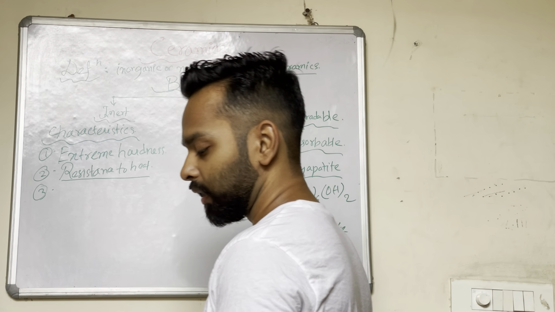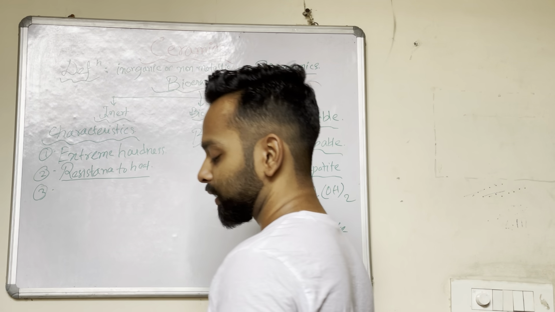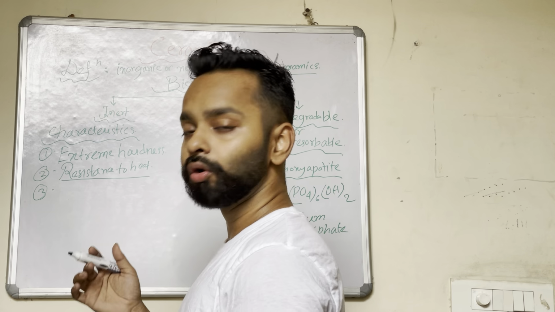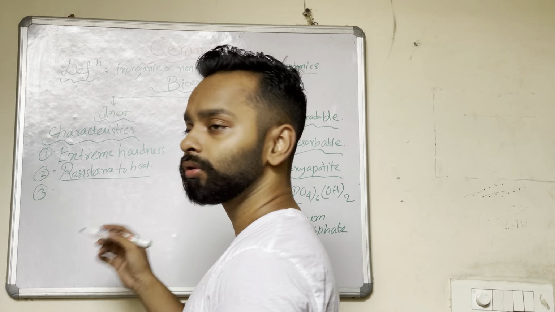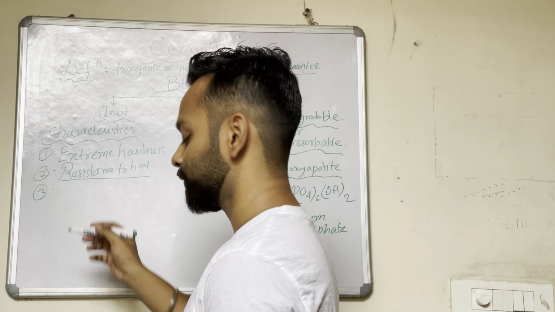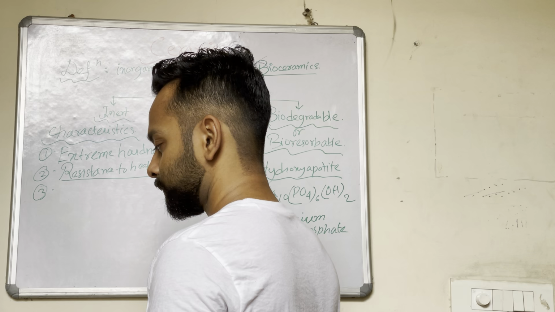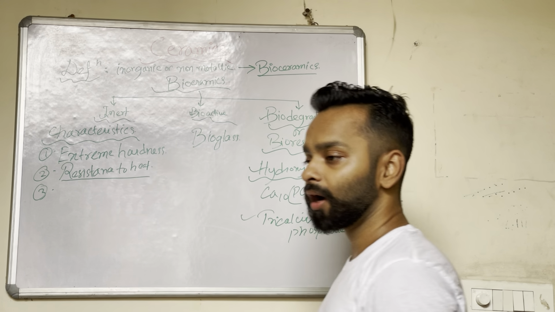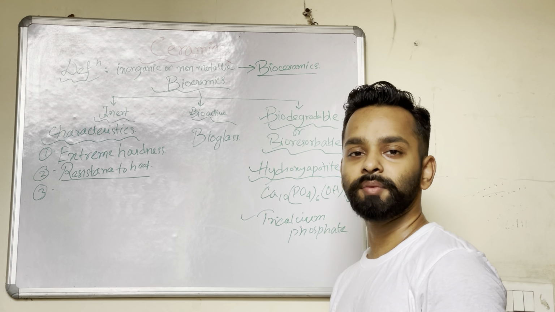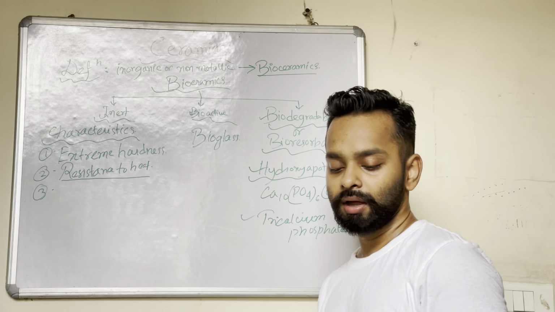Then another important property of these ceramics is that because they show resistance to heat, they have a low thermal conductivity. Low heat conductivity is a property of the ceramic materials. That is why the cups which we use for drinking hot drinks or teas are made up of ceramic materials.